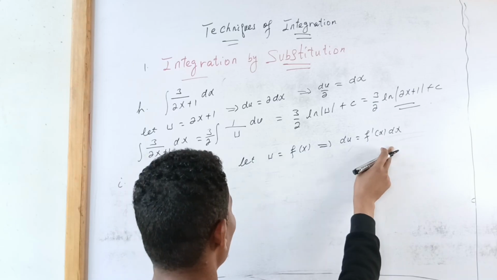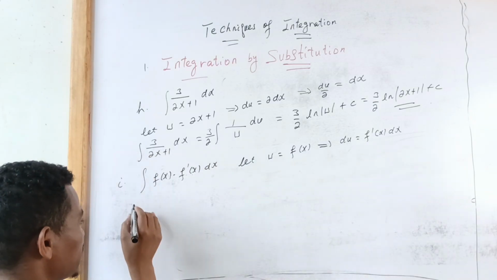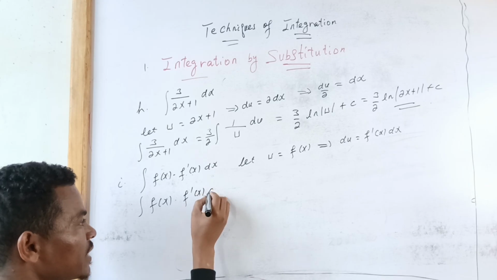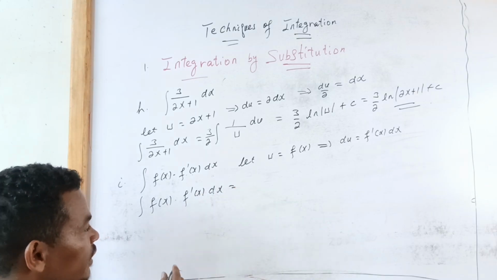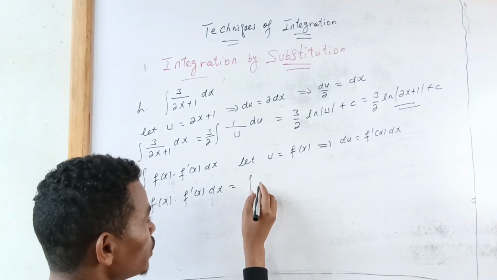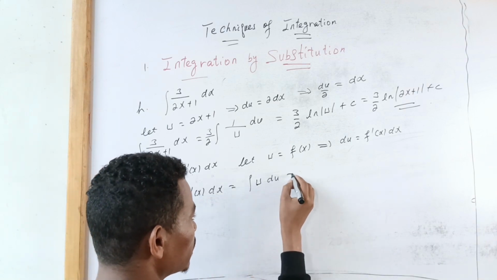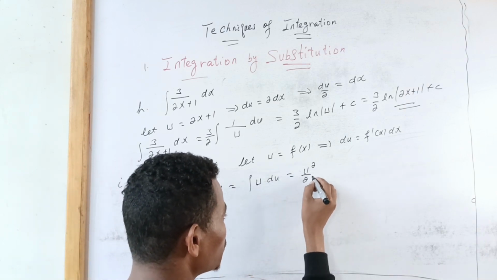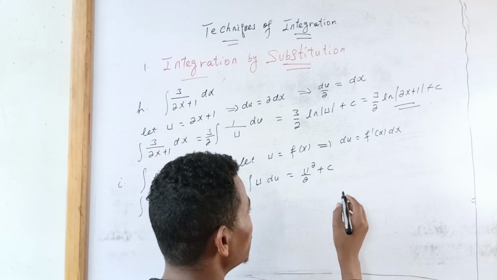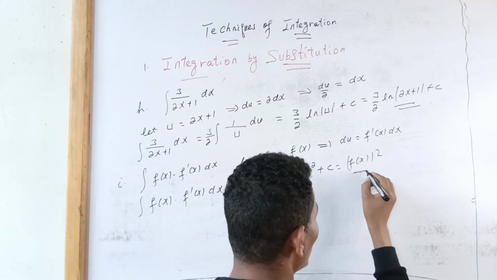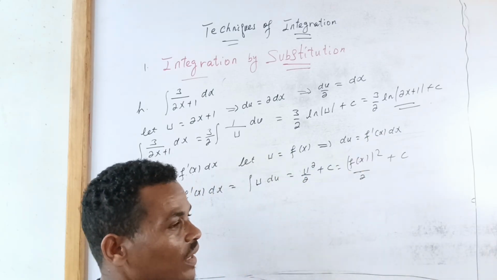That is, the integration of f of x times f derivative at x dx is equal to the integration of u du, which is u square over 2 plus any constant number c, that is f of x the whole square over 2 plus any constant number c.